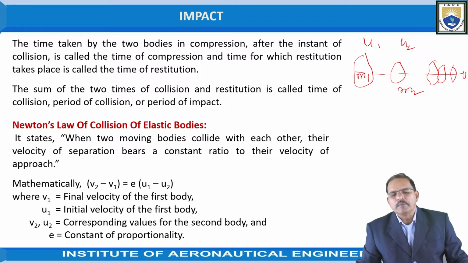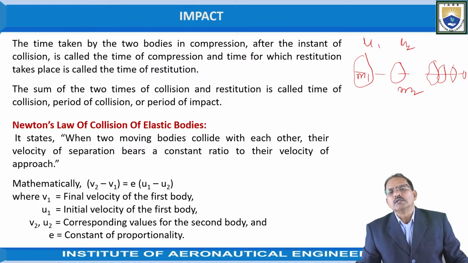Here, in the collision process, first of all the two bodies have different velocities, and according to this figure, the body which has mass M1 has the greater velocity U1.